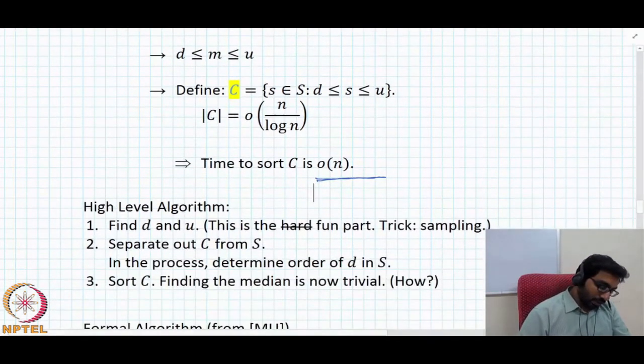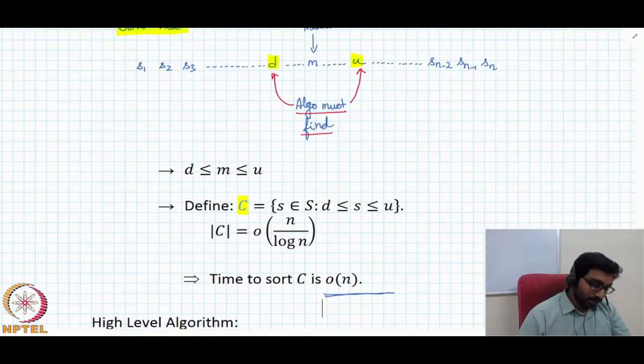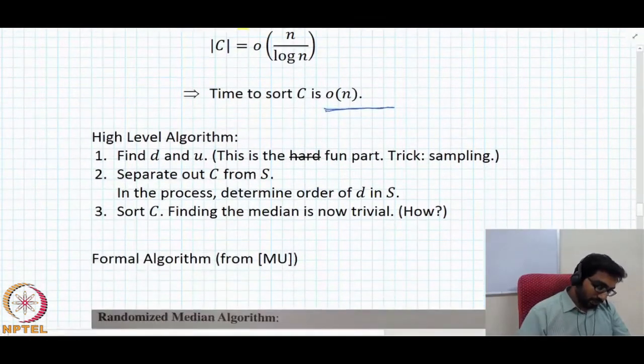If you're able to find such elements D and U such that these properties hold, so D and U are on either side of M, and the set C that we've defined here is small, these are the requirements. Now, suppose we're able to find these elements, then we can find the median, and here's how that will work. Let's say we're able to find the D and U as we require.